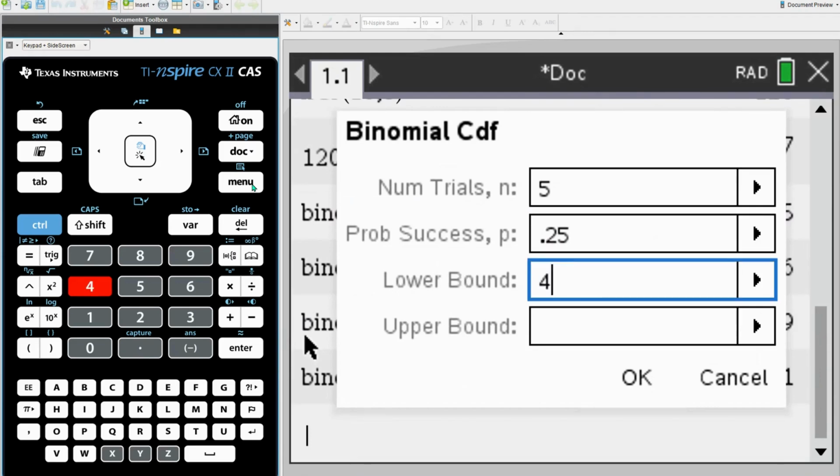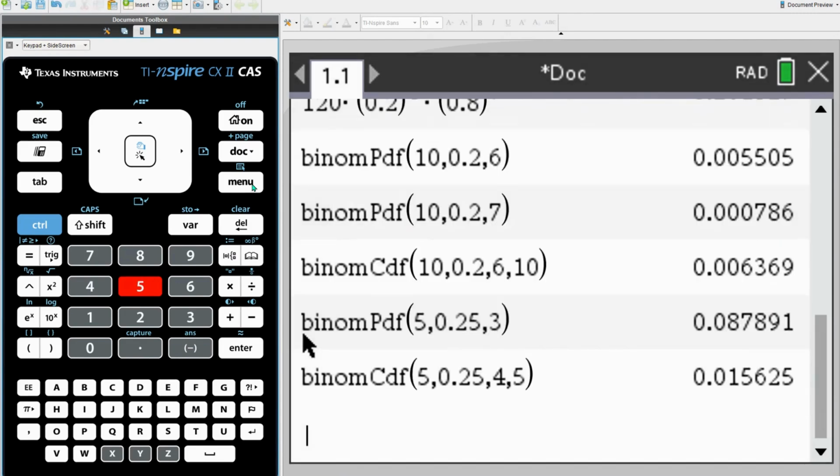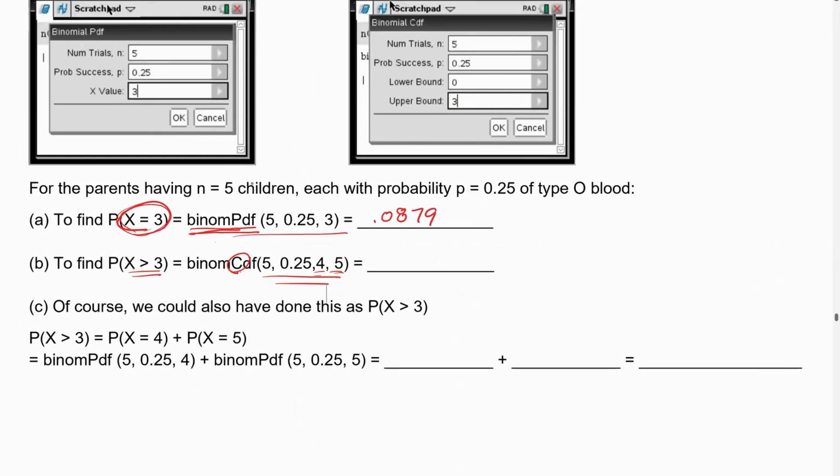Lower bound was 4, upper bound was 5. And there's that same 0.0156.